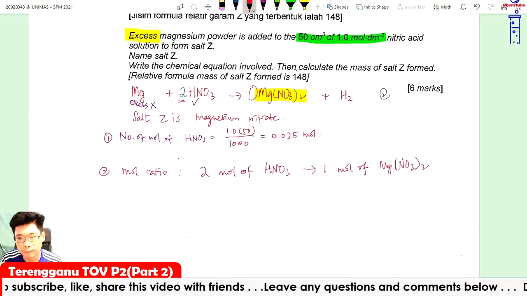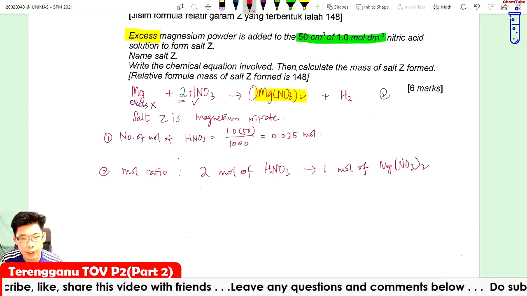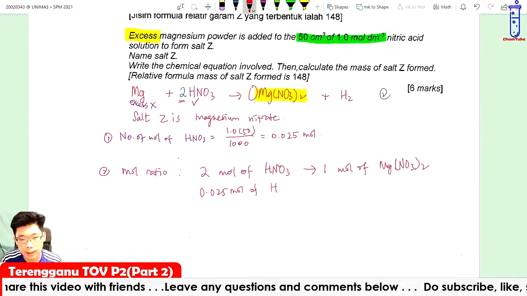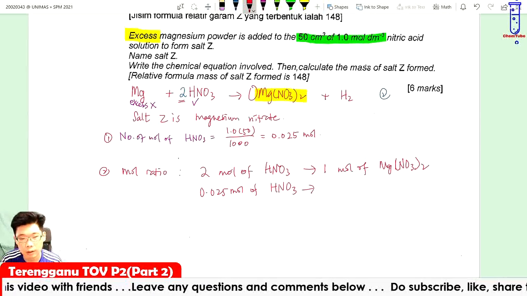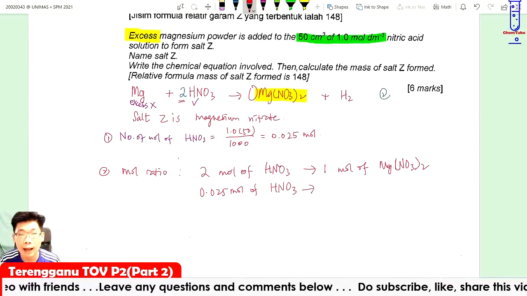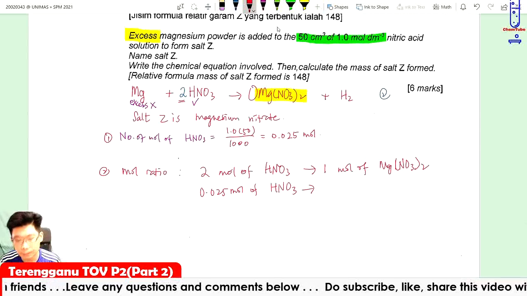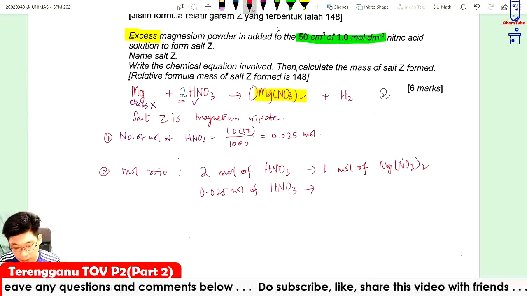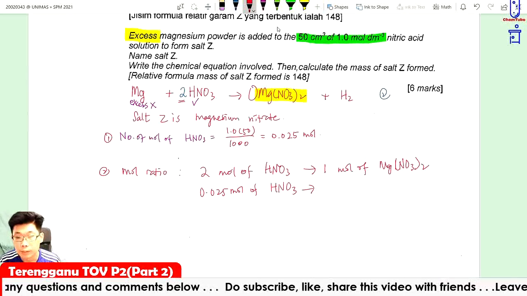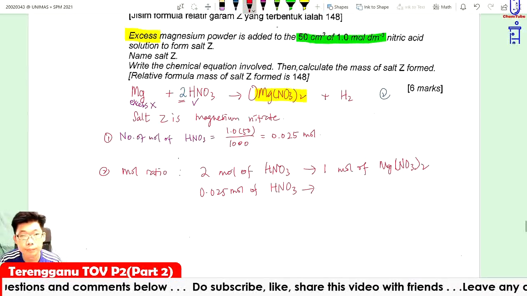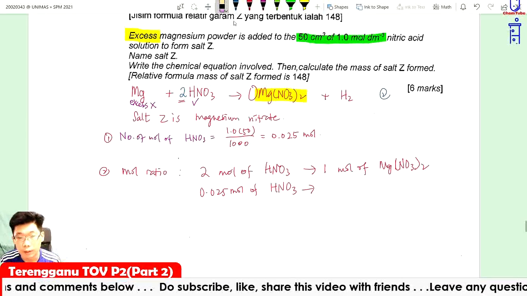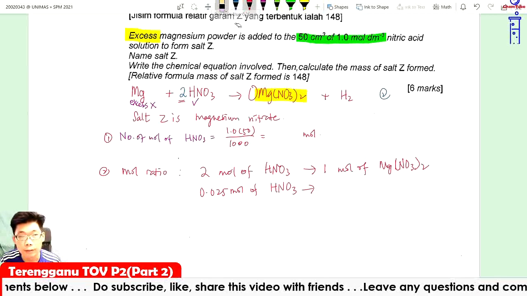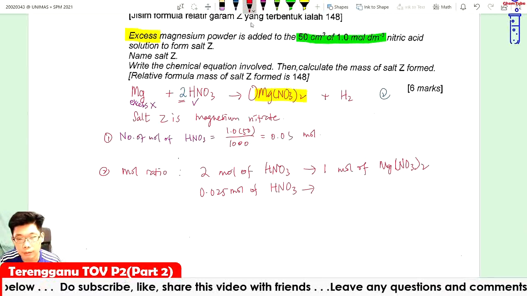Okay, so if from the calculation 0.025 mole of nitric acid, so you will produce 2 to 1 means half, right? So you will get half of it, meaning that sorry, just now this one I calculated wrongly here. This one should be 0.05. Okay, here is 0.05 mole.